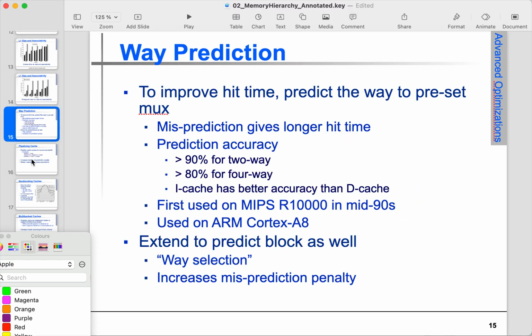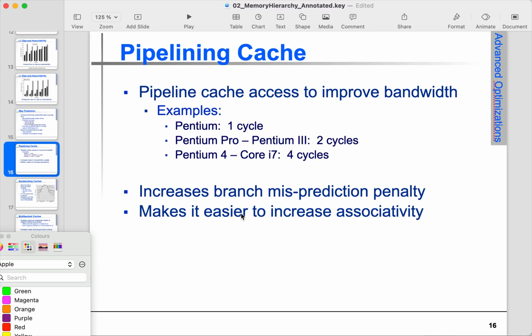Okay, so we have looked at way prediction. Another way to optimize the cache is to improve its bandwidth. This means its speed. So, for example, Pentium will have 1 cycle, Pentium 2 and 3 will have 2 cycles, and Pentium 4 will have the Core i7 with 4 cycles.